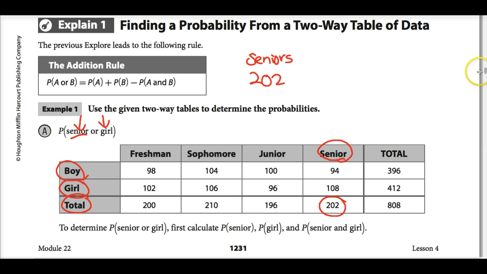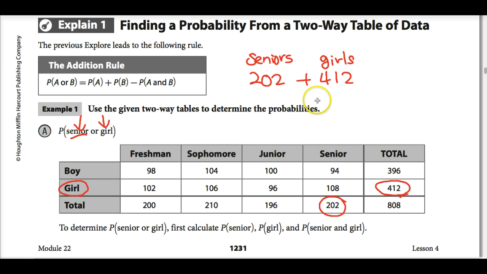Okay, so now I'm looking for girls. I see the girls section, and for girls, freshman girls, there's 102. Sophomore girls, there's 106. Junior girls, there's 96. Senior girls, there's 108. So how many total girls do we have? Well, we have 412 girls.